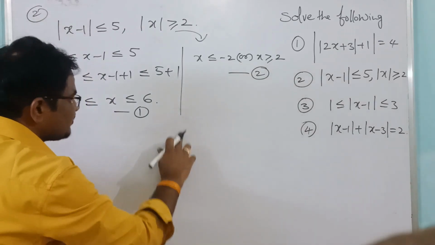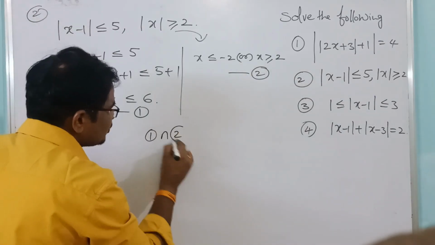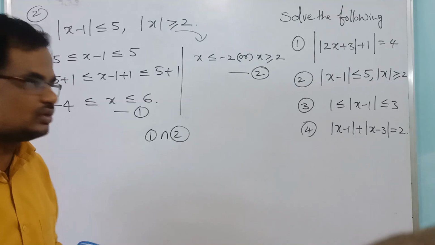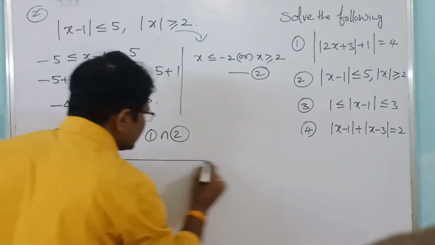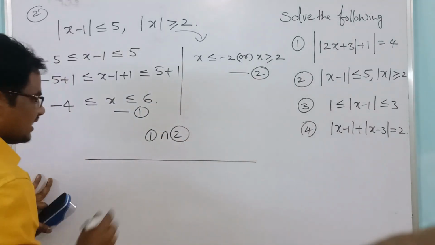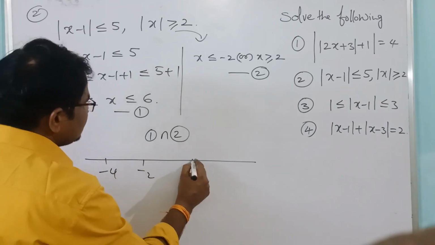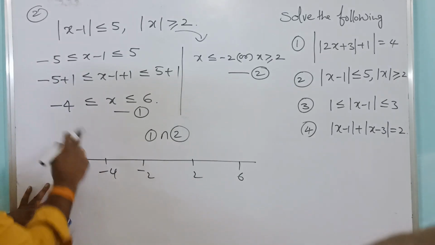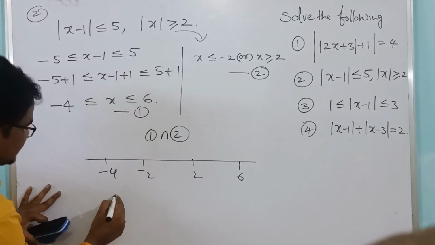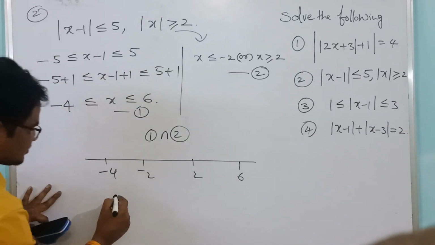For that, definitely what we have to take? Intersection only. 1 intersection 2. Now for 1 intersection 2, take these values on the number line. So here minus 4, here minus 2 and here 2, 6. So this one is minus 4 to 6, closed interval, because equal to is also there.